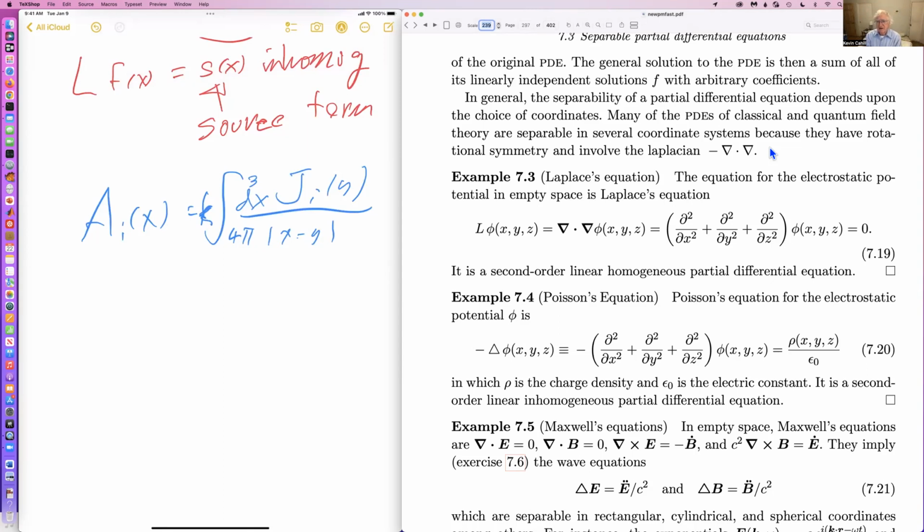And many of the partial differential equations in physics are separable because of symmetry, either rotational symmetry or Lorentz invariance or some other kind of symmetry. Symmetry is your friend. And when you have symmetry, things basically simplify.